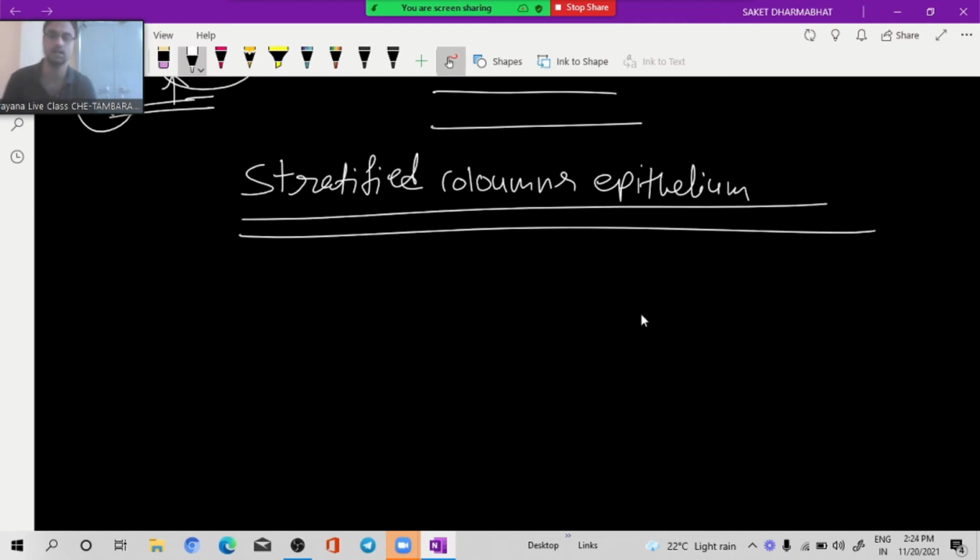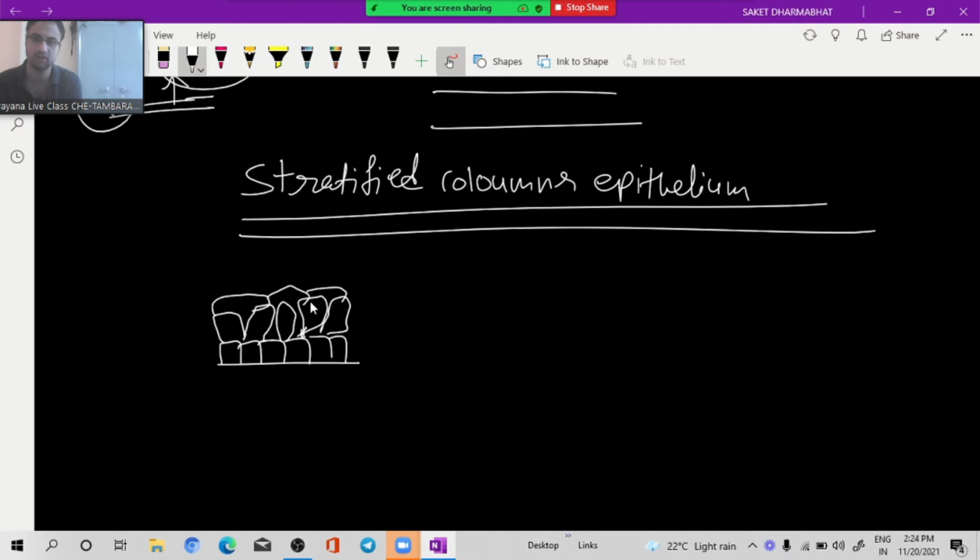Stratified columnar epithelium. Now, in this, what is happening? The lower side cells are of different shapes. But the topmost layer of the cell will be what?